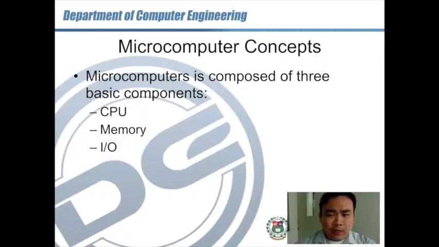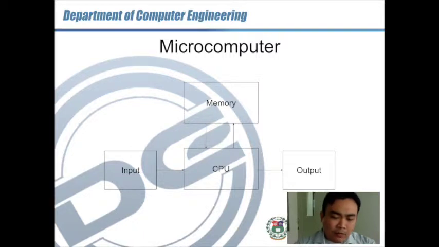Now, how these three are related to each other is shown on the next slide. We have the input, the CPU, the output, and memory linked together by this particular figure here. That figure is basically the architecture of a modern microcomputer.